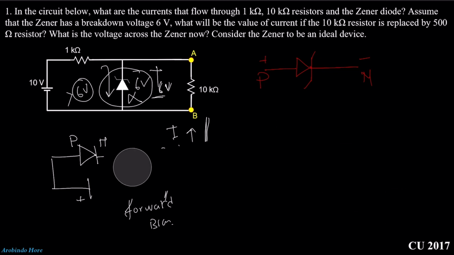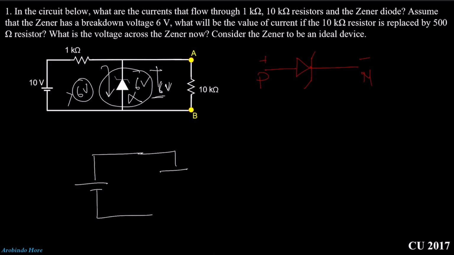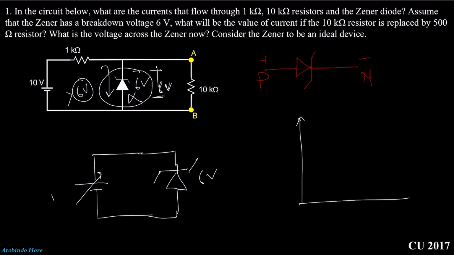Suppose there is a voltage source and I directly connect a Zener diode. Though we cannot do that due to the current limitation, suppose this is a variable voltage source and this is a 6 volt Zener diode. Then we will increase the voltage. If the voltage range is 0 to 6 volt, then at that time no current will flow from point A to point B through the Zener diode.